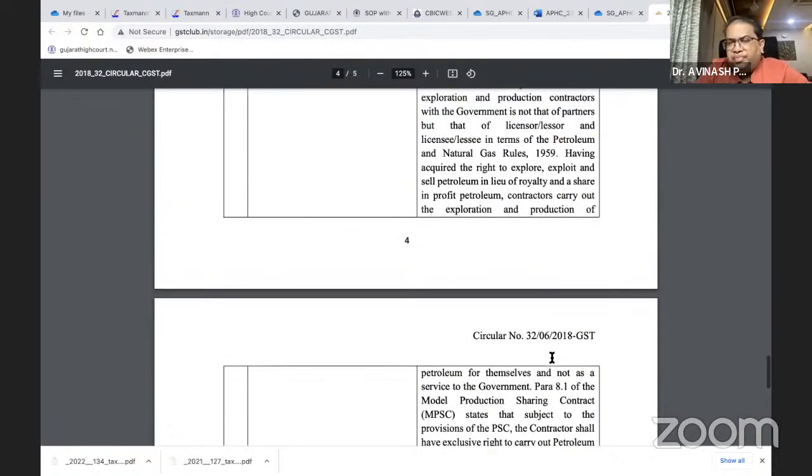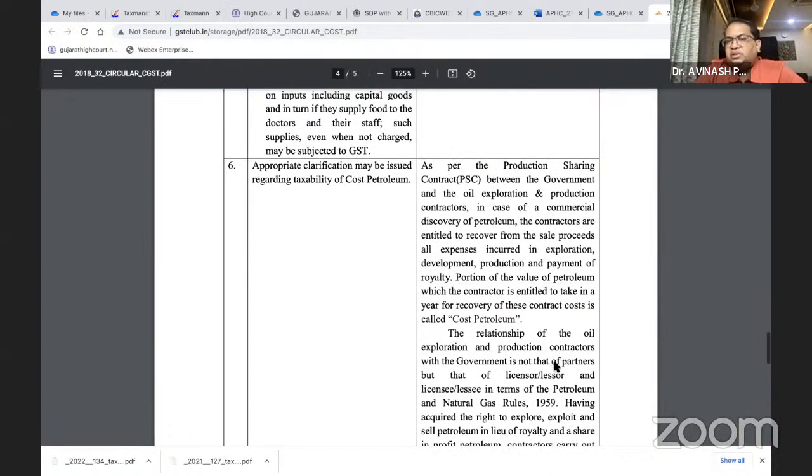So, in short, what they are saying is that whatever production sharing contract is entered into between the government and the oil exploration and production contractors is a standalone contract, and therefore it is not the case that these contractors are providing any services to the Government of India. They are doing it for themselves, and under the cost petroleum concept, they are recovering the entire cost and retaining some portion for themselves.